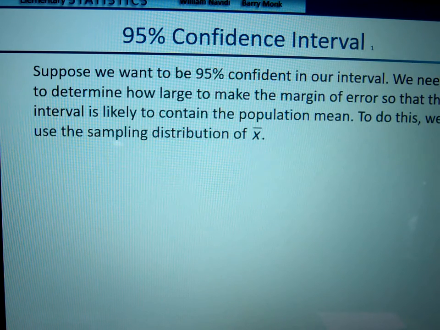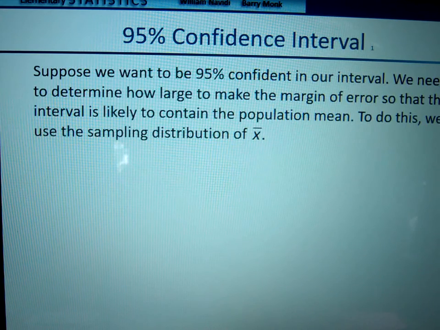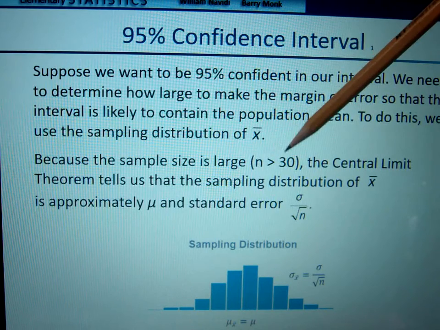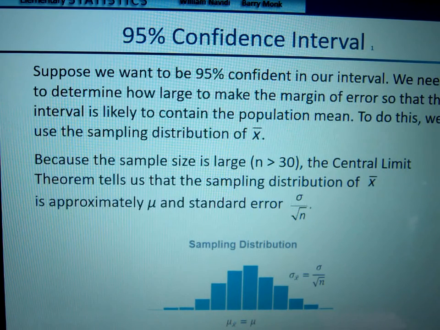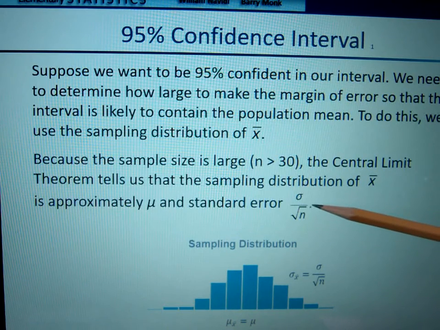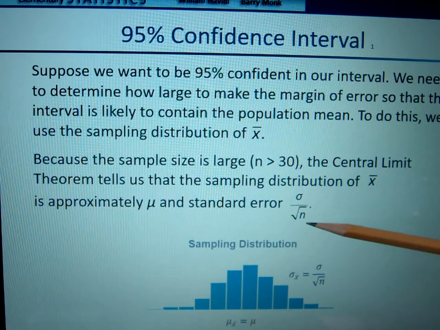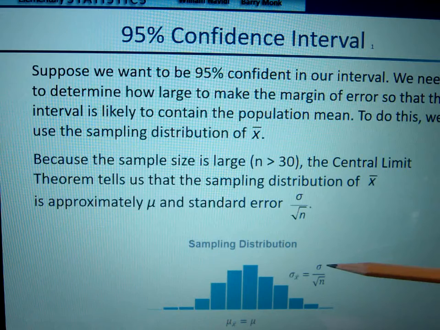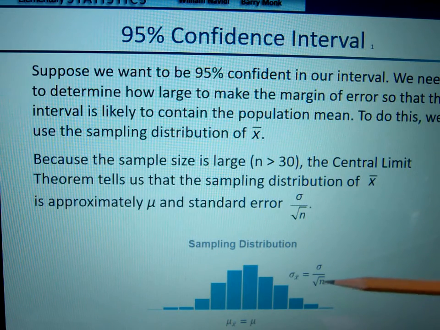To do this, we use the sampling distribution of X bar, which is the mean. Because the sample size is large, greater than 30, the central limit theorem tells us that the sampling distribution of X bar is approximately normal with mean mu and standard deviation equal to the standard deviation divided by the square root of how many are in our sample.